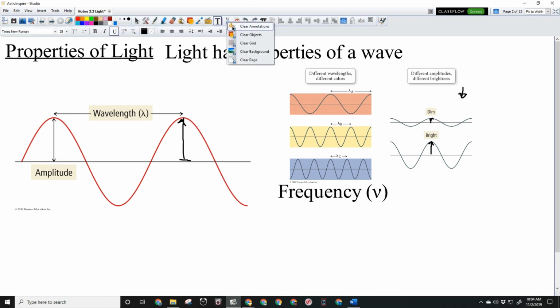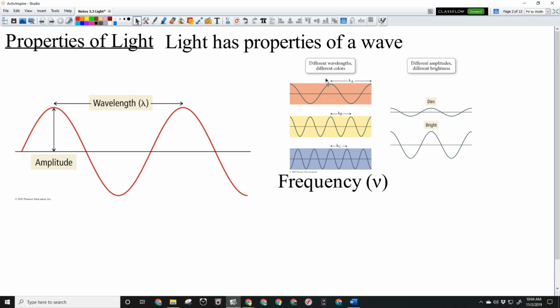Okay, and then another concept that we're going to have to talk about when we talk about waves is frequency. So here we have 3 different blocks, and if you'll notice, these blocks are of the same length. However, the number of waves from this point to the end point is different.